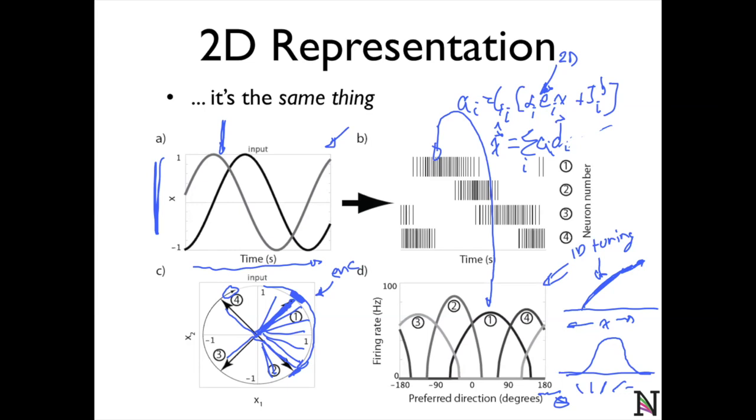We're taking all these 1-dimensional activities and multiplying them by a bunch of 2-dimensional decoders, and that means after we sum them all together, we're going to get a two-dimensional estimate. And so really everything's the same from a mathematical perspective. We started talking about vector spaces, and then we just gave a bunch of examples where a vector space was one-dimensional, just a scalar. But the math stays the same.